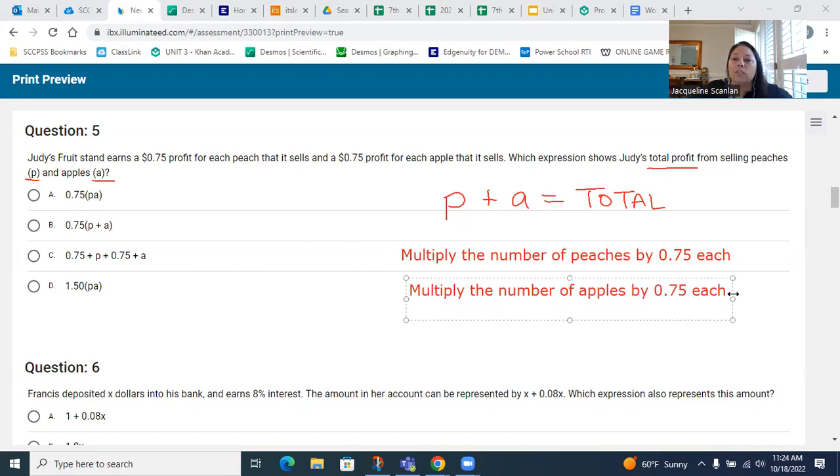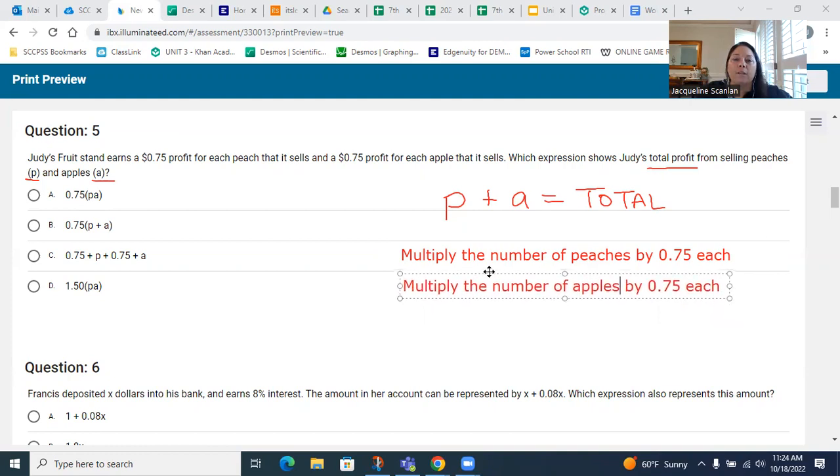All right, so because she is multiplying the number of peaches and the number of apples by the same amount, we could just group these two together and we could multiply it by that 75 cents. All right, so we could multiply the 75 cents times the number of peaches she sold and the 75 cents times the number of apples she sold, and then we could get our total expression.